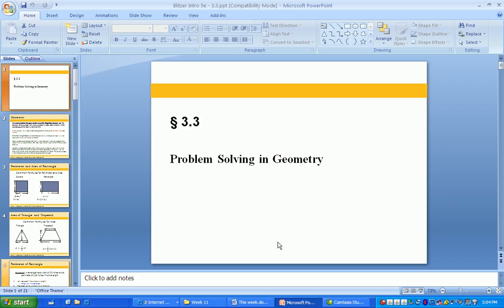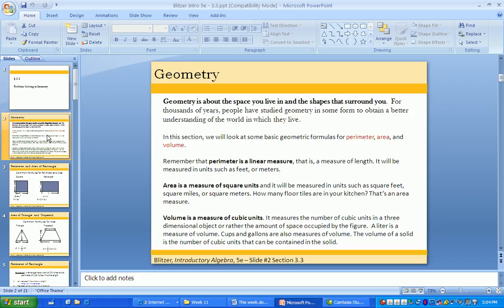So in word problems that we're covering in section 3.3, we're going to specifically work on geometry and how that plays a role in our word problems. Geometry, of course, is just the space we live in, so it applies to everyday things, whether we know it or not. In particular, anything with a length or a volume or an area is geometry.